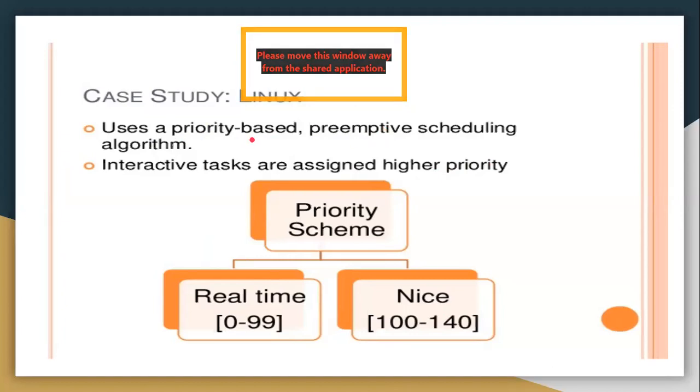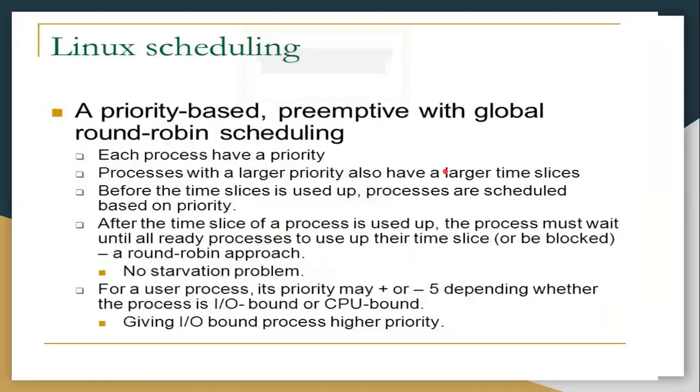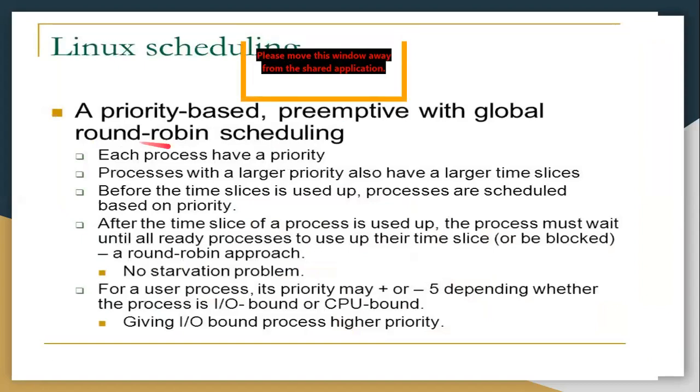On the basis of time, it also becomes preemptive. Interactive tasks are assigned higher priority. So it is priority based preemptive with global round robin scheduling. That means preemptive, in between it can leave the process. Round robin means on the basis of time sharing, and that algorithm is called the round robin algorithm.